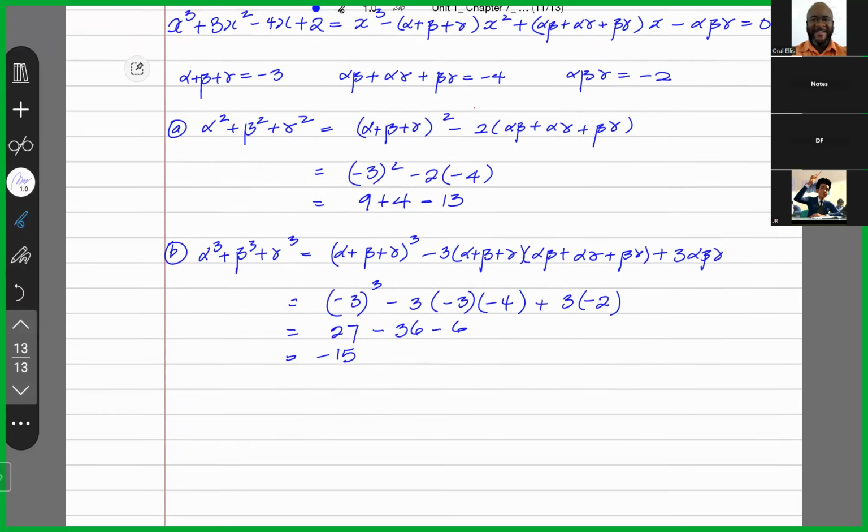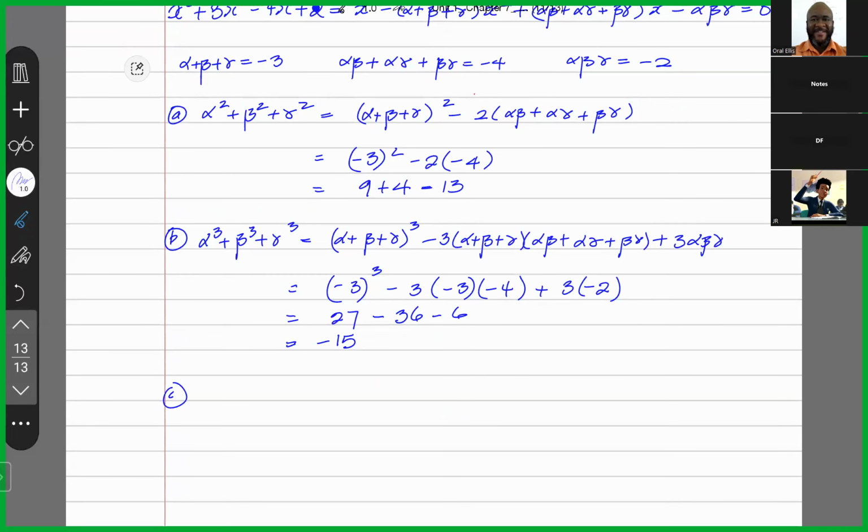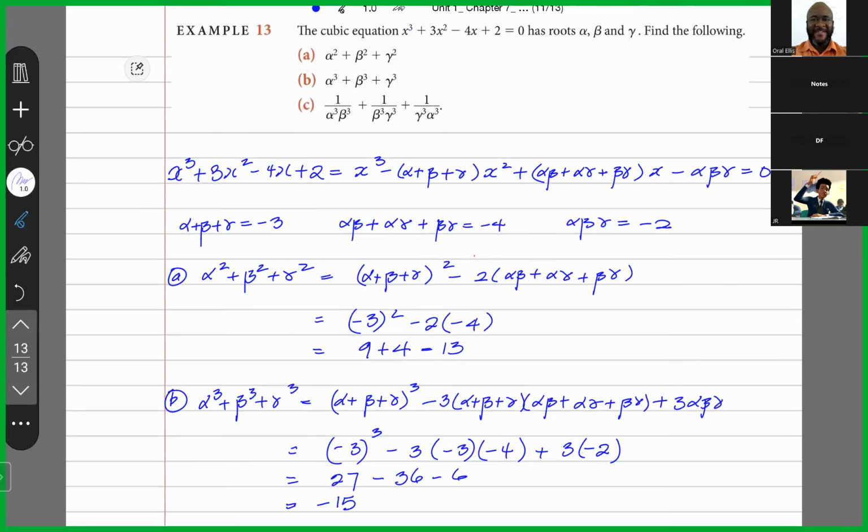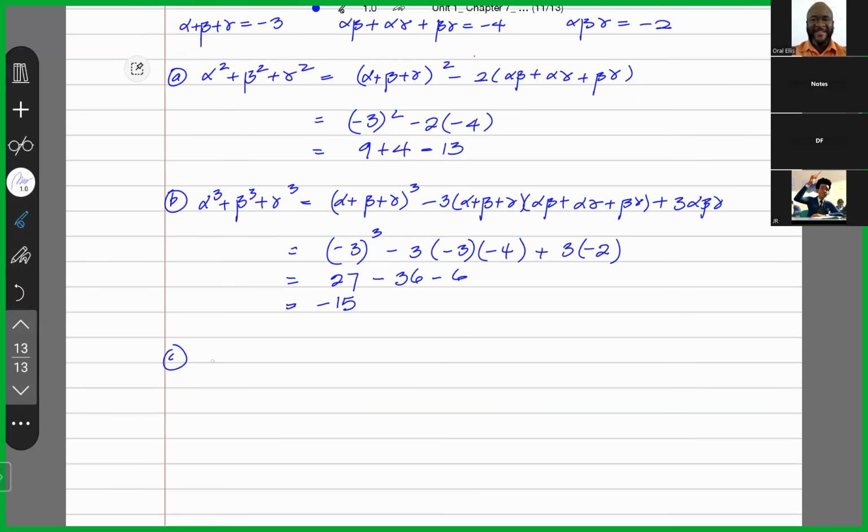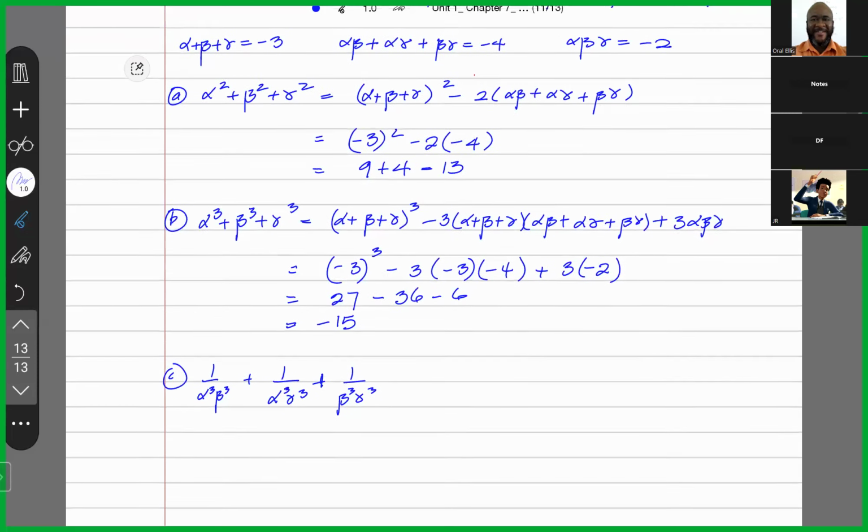Right. And now C is asking us for the value of 1 over alpha cube beta cube plus 1 over alpha cube gamma cube plus 1 over beta cube gamma cube. All right, let's just double check.